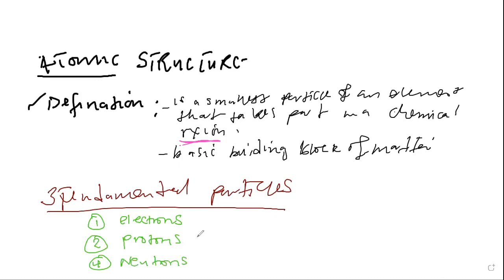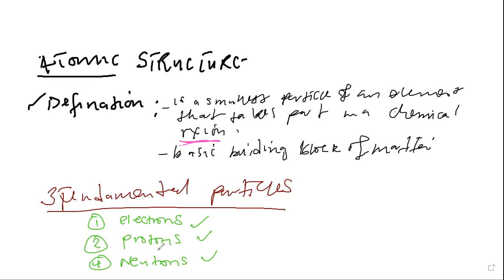So these three are the basic fundamental particles that are found in an atom. So we said by definition, an atom is simply the smallest particle of an element that can take part in a chemical reaction. If we don't want to define it like that, we can simply say it's a basic building block of matter.